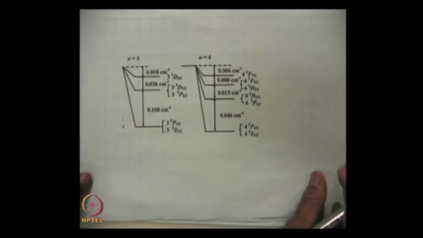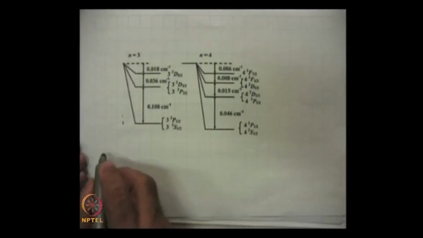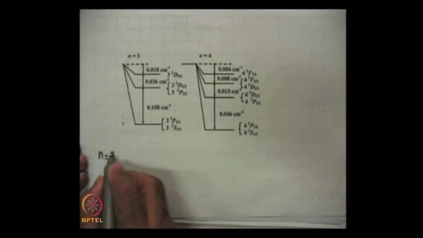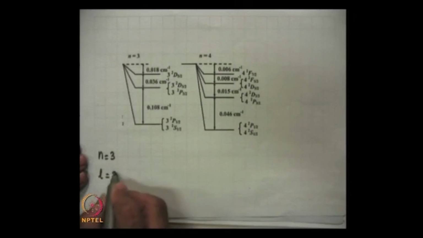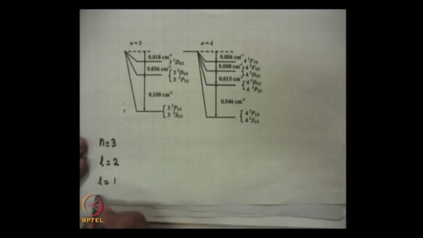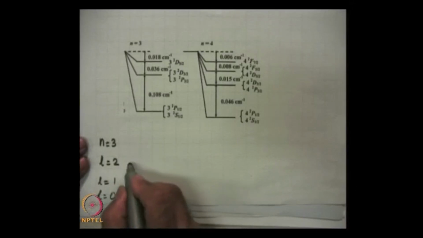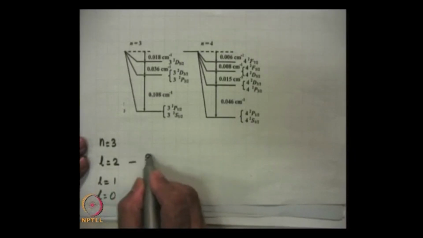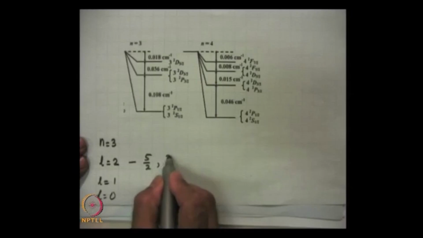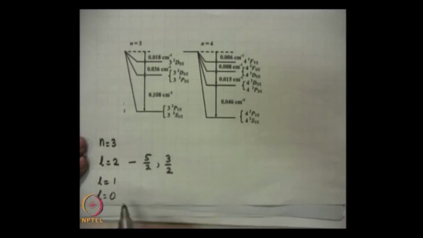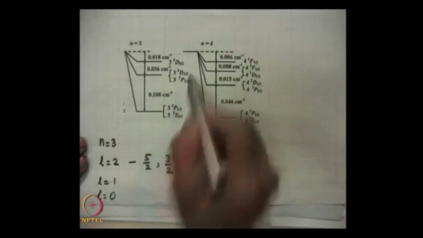Similarly, for the n equal to 3 state, let me write it down, L can be 2, L can be 1 and L can be 0. So, when L is 2, J can be either 5 by 2 or 3 by 2. These are the D 5 by 2 and D 3 by 2.